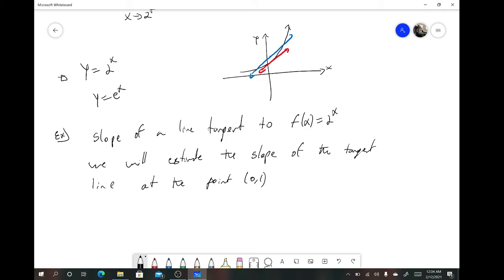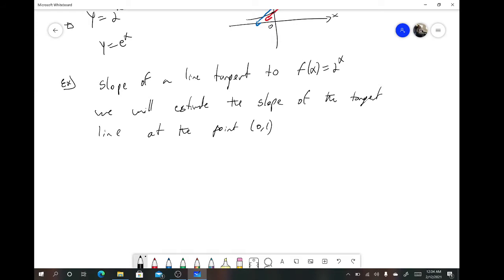Okay, so we're going to estimate it at this particular point, (0, 1). So that'll be up here. If you recall from lecture 2, to find the slope of the tangent line, I said that we take the difference in y divided by the difference in x's.